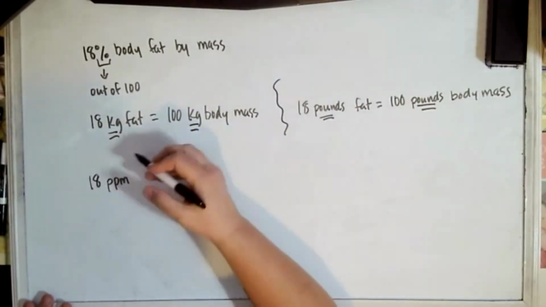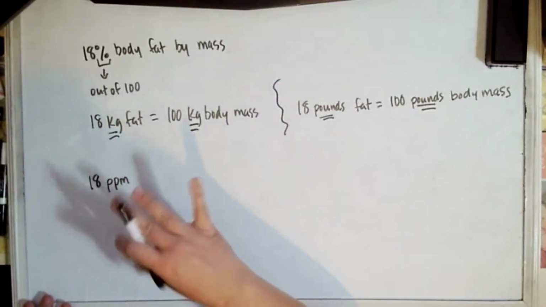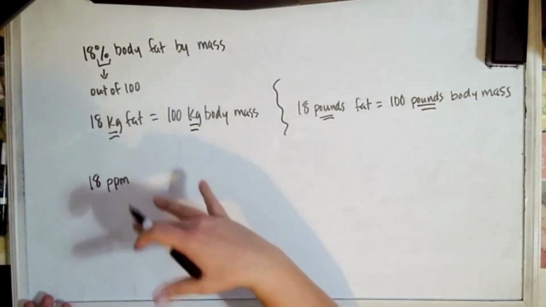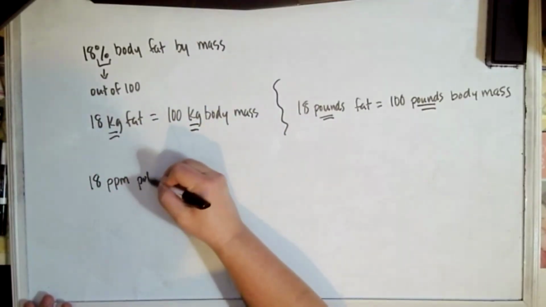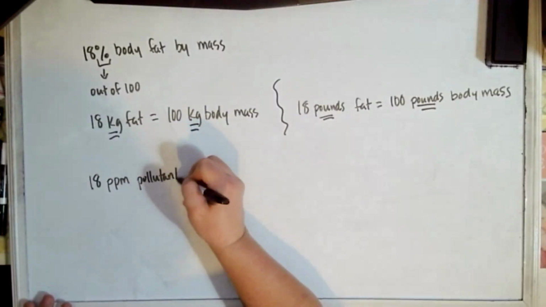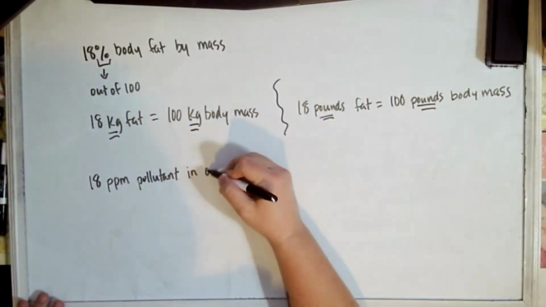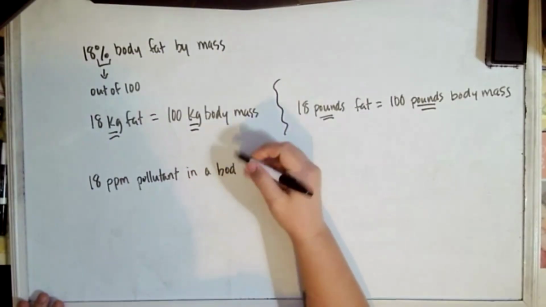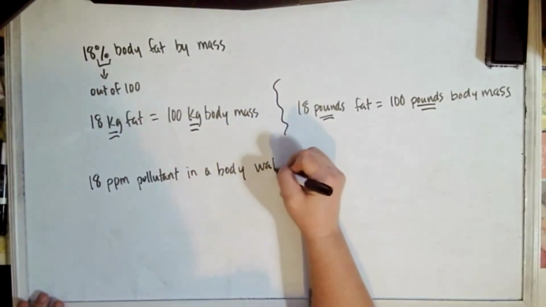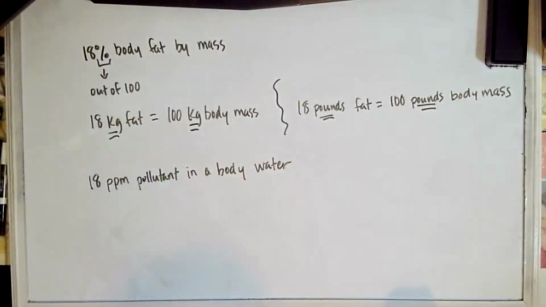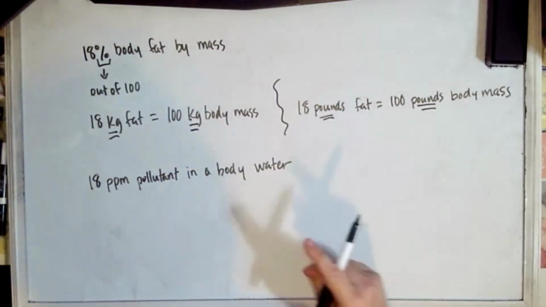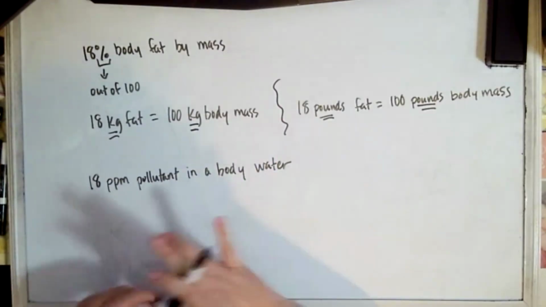I'm totally going to make this up, but just for an example, let's say that there's 18 parts per million of some pollutant in a body of water. That would be really bad. That would be a pretty big amount. But let's just do it for an example, okay?